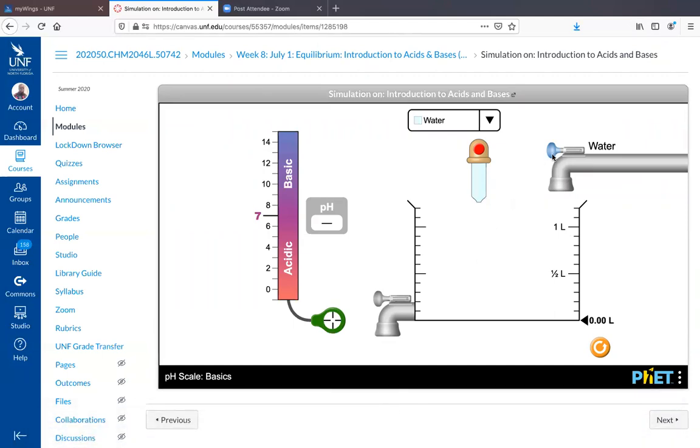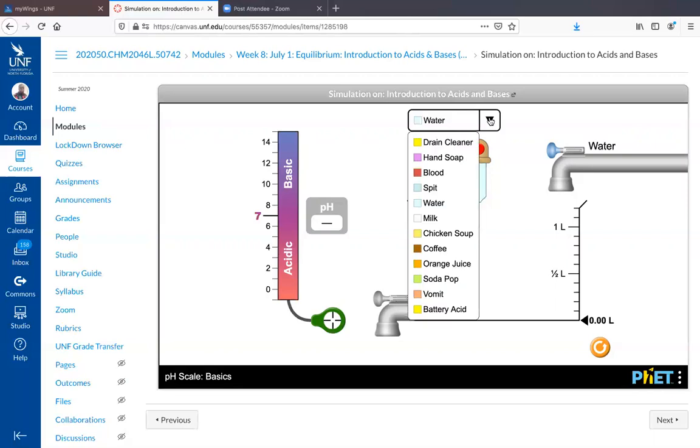This is where you will put the water, and this is the pH probe. And this is where you will pick the solution you want to find the pH of. And right here, this is where you need to say, if I can look, for example, let me just do this.